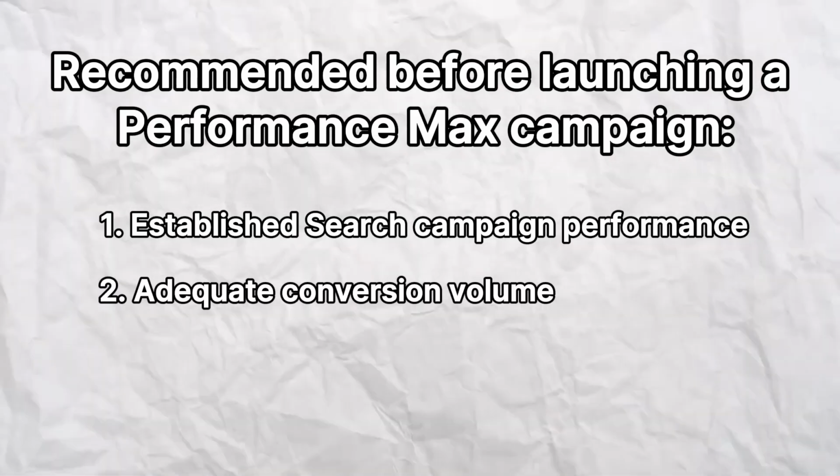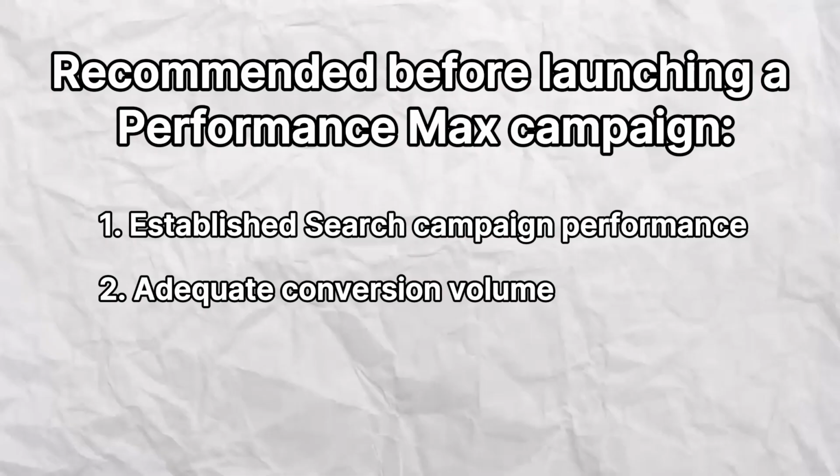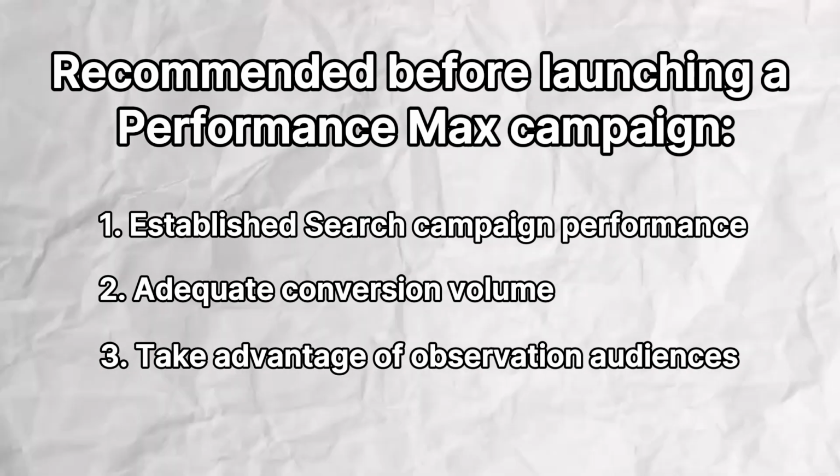Number two, adequate conversion volume. Accumulate at least 30 conversions within your account over the last 30 days. This will provide Google's algorithm with enough meaningful data to optimize effectively towards your business goals. Number three, take advantage of observation audiences. While running your existing search and shopping campaigns, add observation audiences to them.